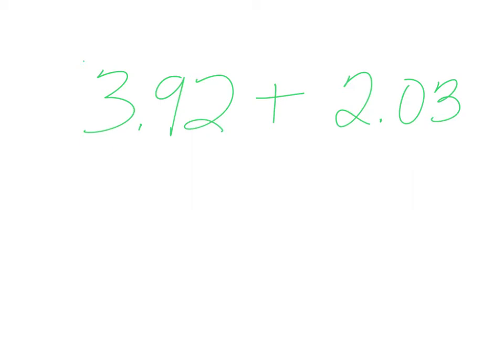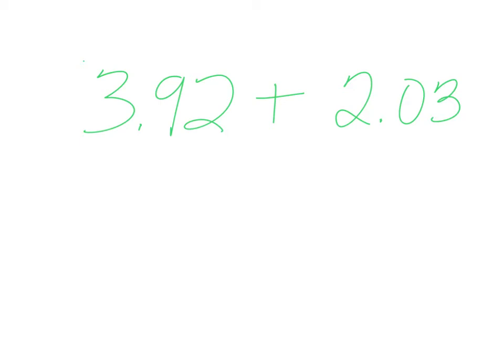And so when I look at this problem, there's a couple of things that go through my head. First of all, I didn't put dollar signs here, but a lot of times in my classroom, I tell kids, well, especially with decimals, think about money, think about things that you could think about out in the real world. So this could look a lot like $3.92 plus $2.03.